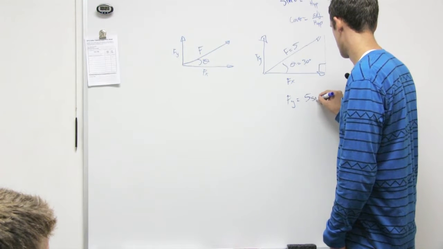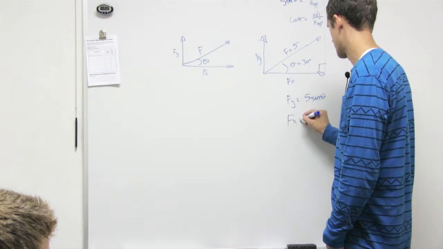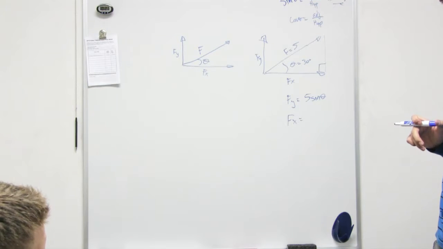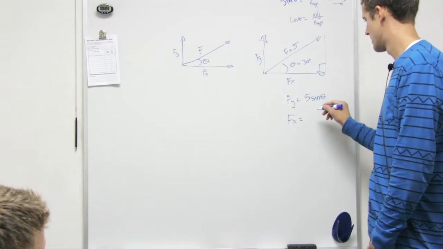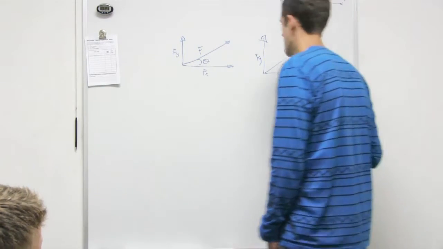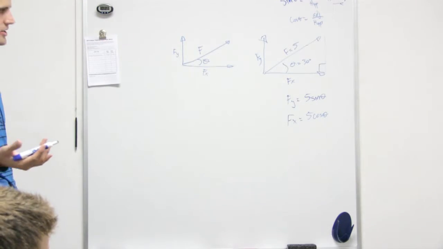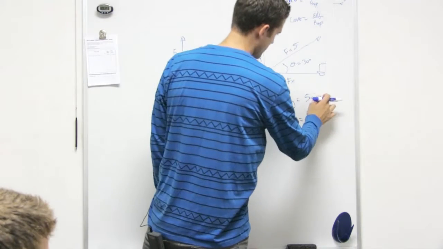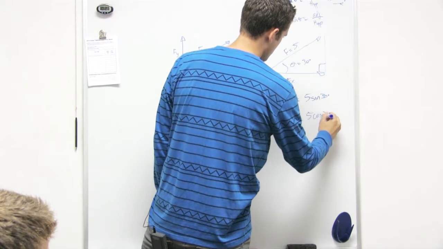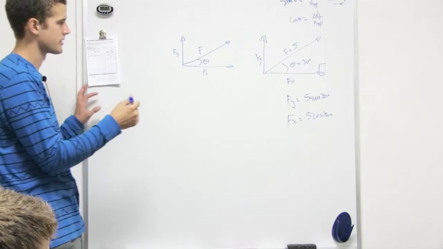So Fy equals 5 times the sine of theta. What do you think Fx will be? It would be 5 times the cosine. Yeah, exactly. So that's what it would be if we just threw in arbitrary numbers. This would be the cosine of 30. We're not too concerned about what the number would be because we know that it will be equivalent.